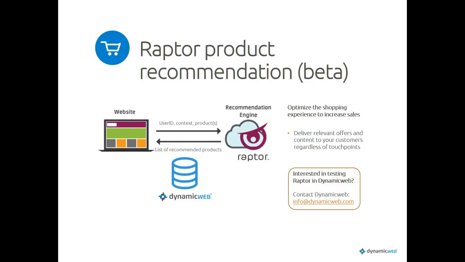And what happens is that all the behavior of your users on your website, what they buy and what they see and what they add to cart and so on, we send that information back to the Raptor engine, which collects all of this information, and then they run some statistical analysis on top of all the data we send in. And based on that, we can make recommendations in your solution instead of being based on something that you as an editor need to put in. It's based on the statistical analysis done on the Raptor engine.